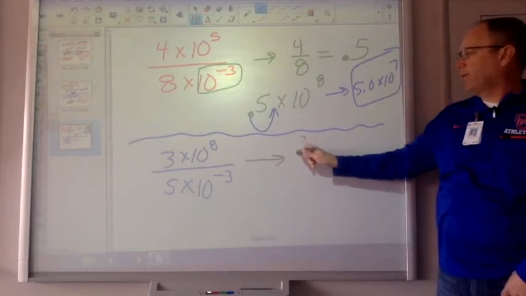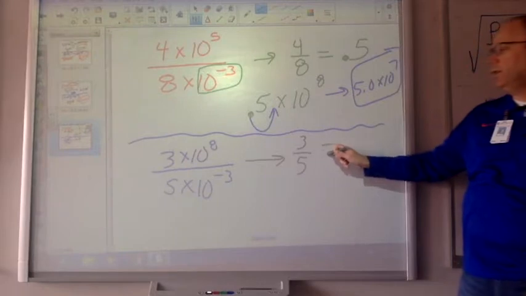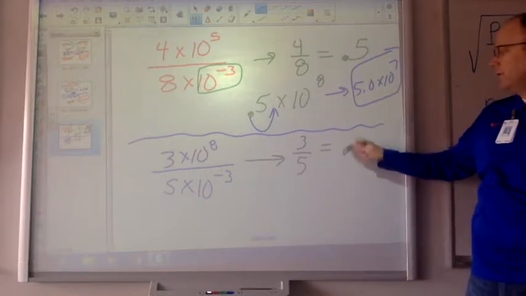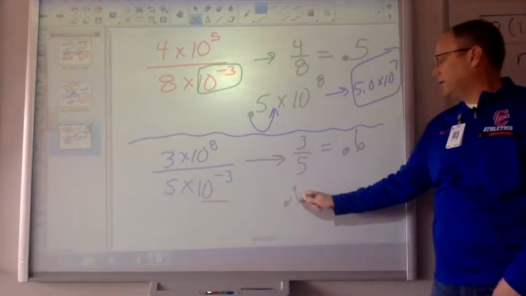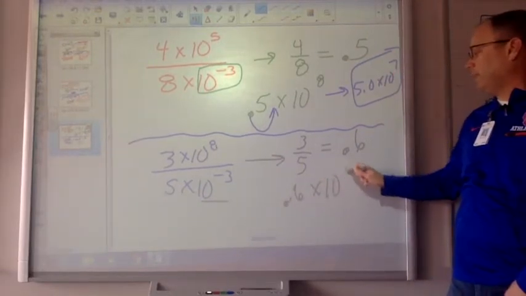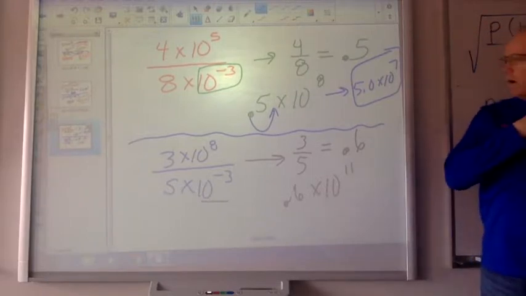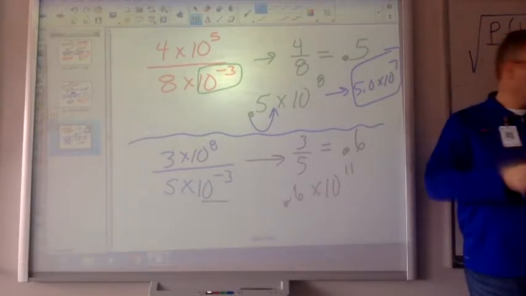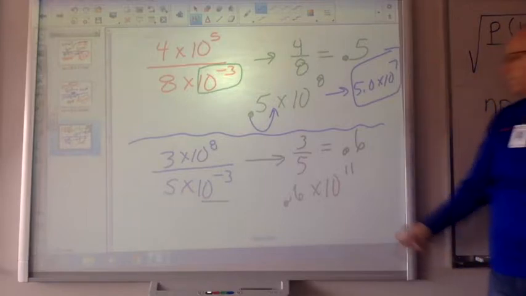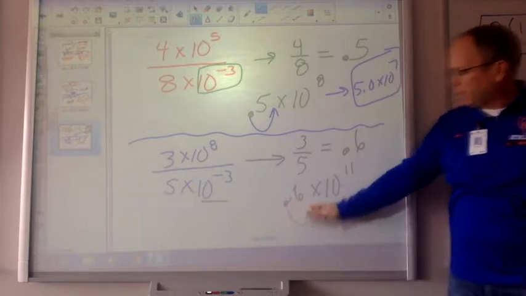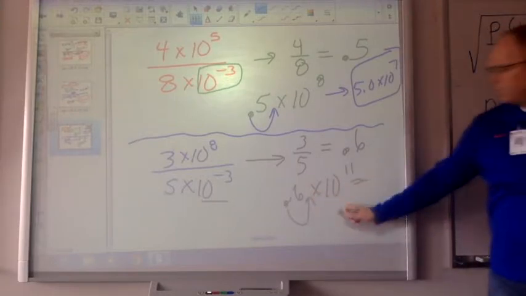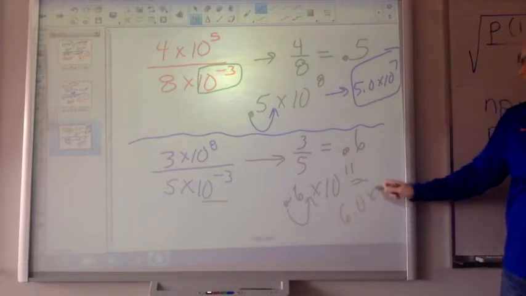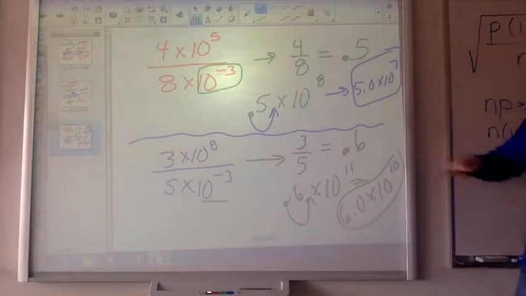Okay, so I have 3/5, which is 0.6. This is going to move up. So right now I'm going to get 0.6 times 10 to the 11th power, right? 3 divided by 5. So this is going to go from here to here. So what is that going to become? 6.0 times 10 to the 10th, right? Because we already moved 1 decimal to the right, so that's my answer.